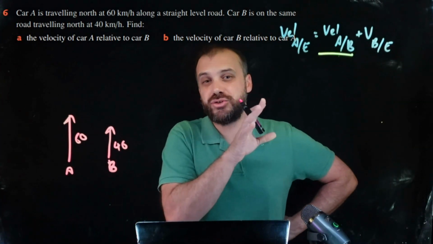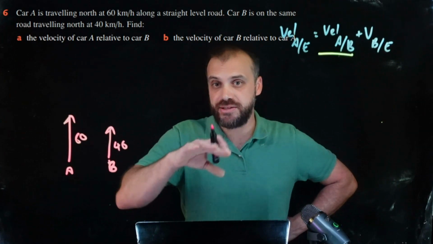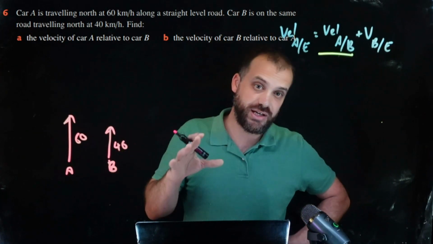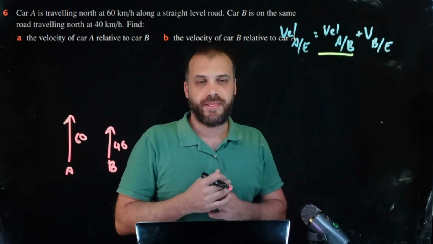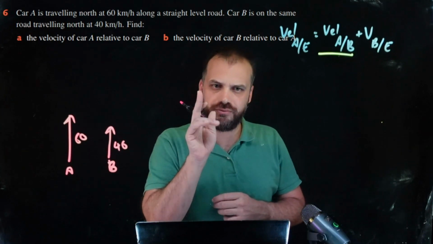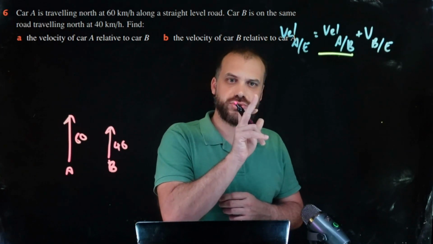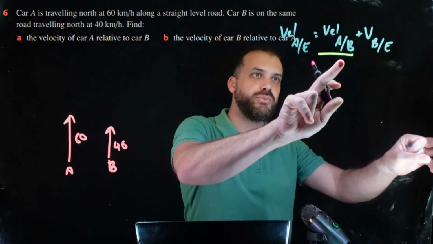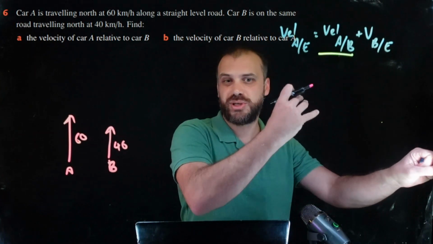So, I'm going to do this the long way. Based on what we found out from part A, there's a really fast way to do this, but I'm going to do it the long way. Alright, so if we want to know the velocity of B relative to A, we need to rewrite this formula so that we can do something like that.